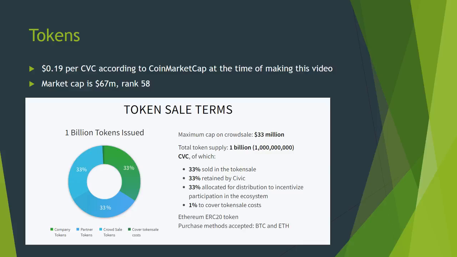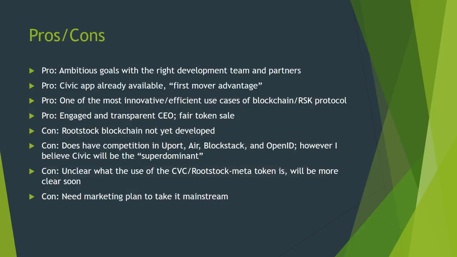And yeah, 1 billion tokens is a lot, but when you consider the scale of what Civic is trying to do, I really think that's not out of the ballpark at all. That's very reasonable, and I think it's smart that they did that. So you'll have a lot of liquidity as well, and it's very efficient to keep that many tokens for the scale of what they're trying to do.